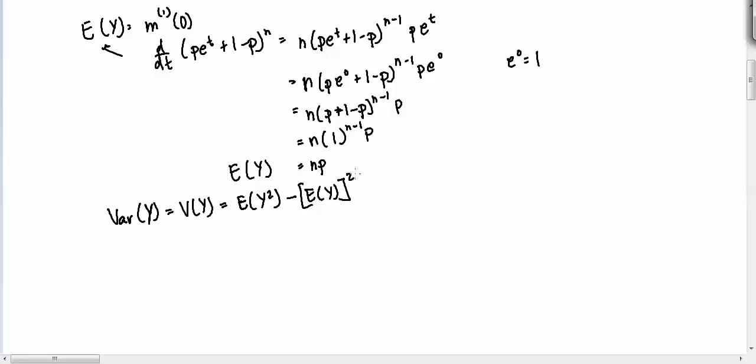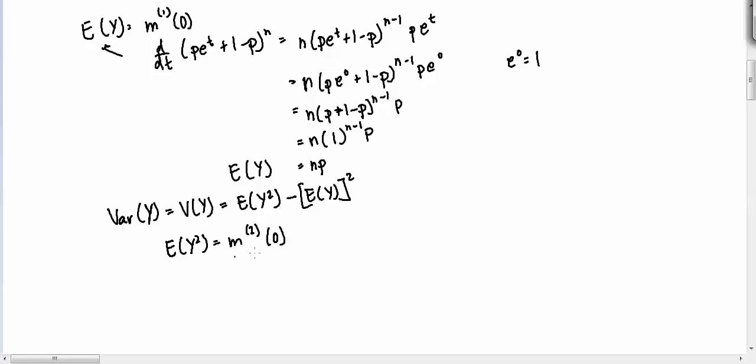I know it sounds the same when I do it, but I'm doing something a little bit different. The square is in a different spot. So if I want to find E[Y^2], that's just the double prime of the generating function evaluated at 0 as well.